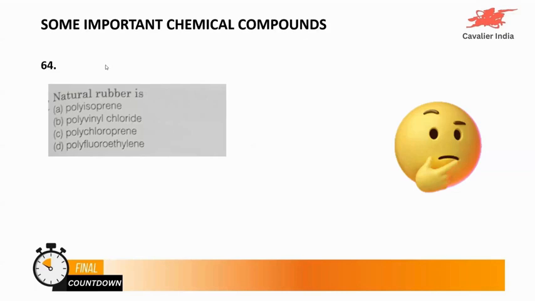Option A is the right answer. That is, it is a polymer of isoprene. Isoprene means what? 2-methyl 1,3-butadiene. This is called isoprene. Okay. Only isoprene.